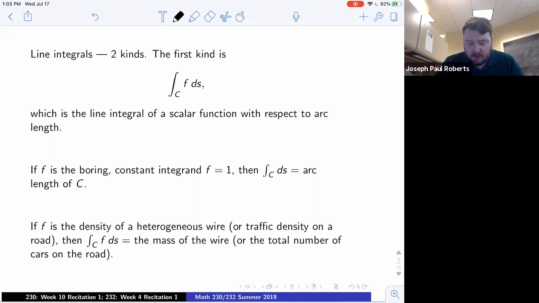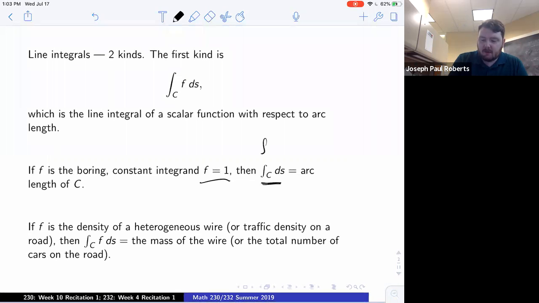As far as what this represents, if you do the boring constant integrand f equals 1, so you're just integrating the line integral of 1 ds, which of course you could just rewrite as line integral of ds, then that just gives you the arc length.